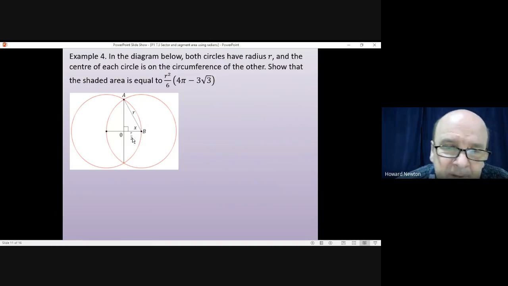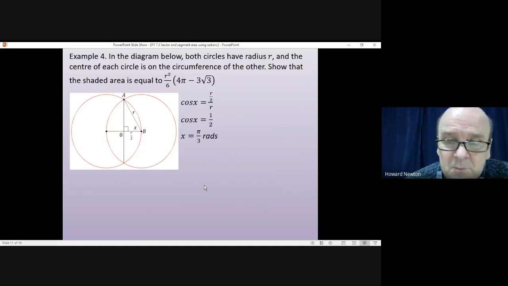Okay, let's have a look. Now, as always with these questions, we do want to know the angle that we're going to get inside the sector. That means, first of all, working out angle x. Now, the cosine of x is the adjacent side over the hypotenuse, which is half r divided by r. But the r's helpfully cancel, and that gives us the cosine of this angle is equal to a half.